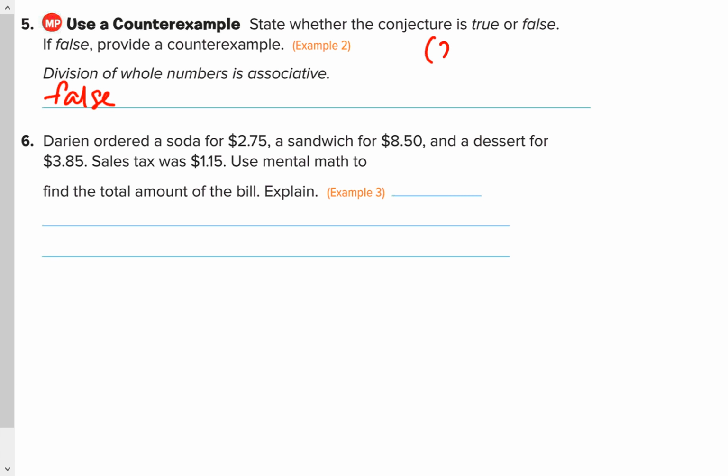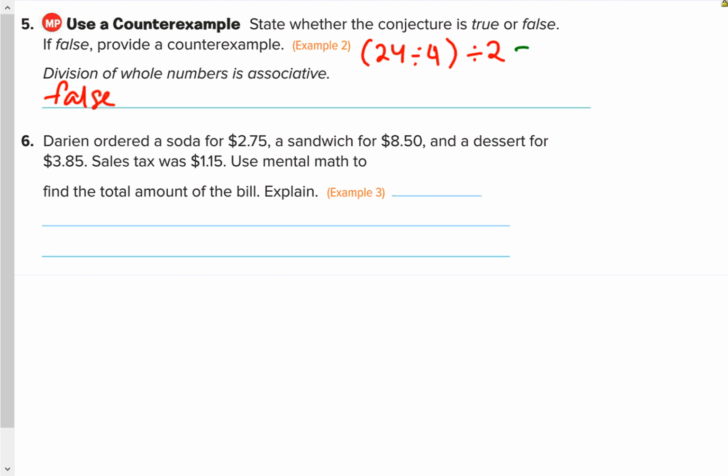I'm going to start off with 24 divided by 2 divided by 2. Okay, and the question is, is this statement going to equal, if I change it to, oh, I'm sorry, let me, 24 divided by, let's do 4, divided by 2?